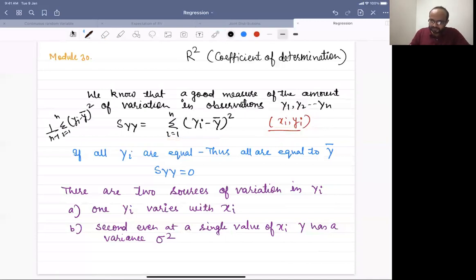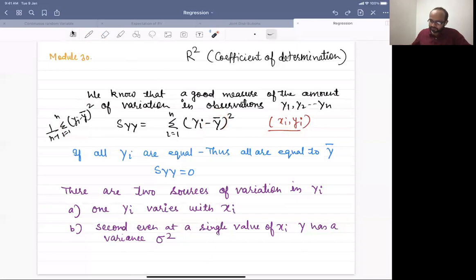So you can see that this value is a good estimate of variation, that is, how much the yi's are varying around y bar, whether they are far away from the mean or quite close to the mean.